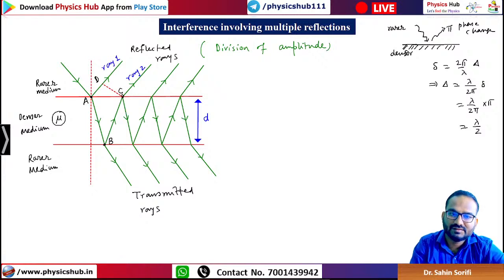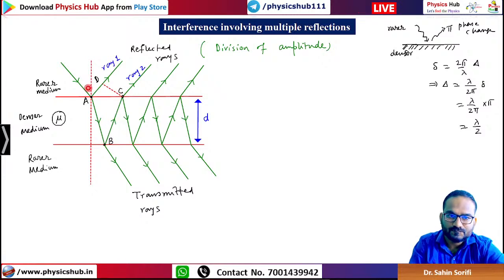Here also reflection is happening, but here you see it is incident on the interface of the rarer medium, air. So that is why there will be no pi phase change here.